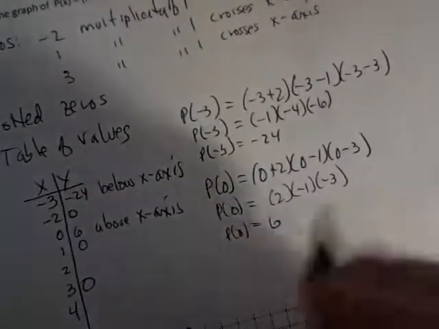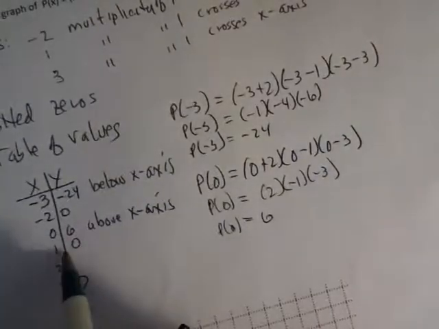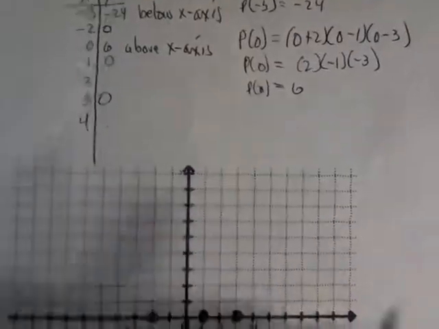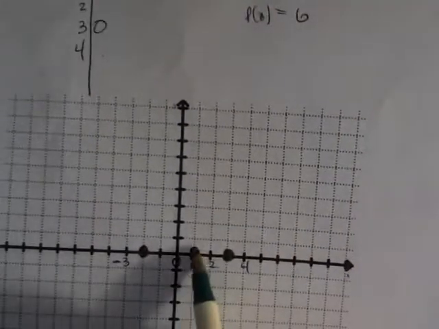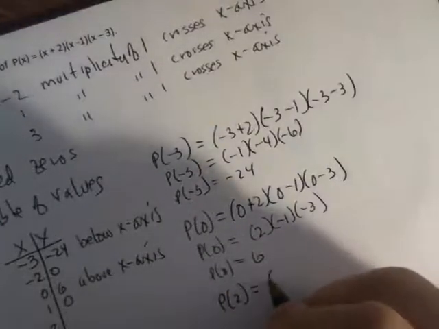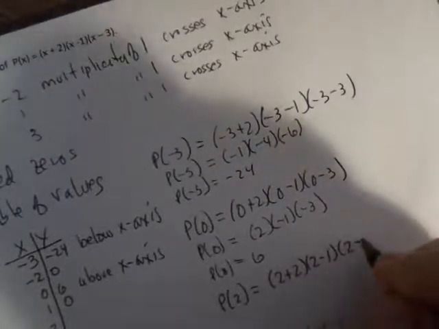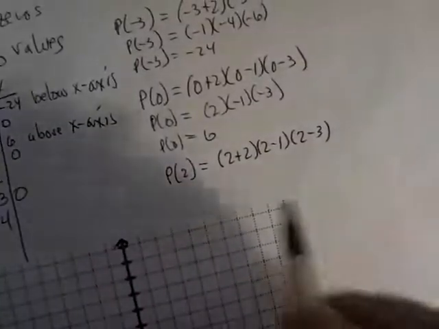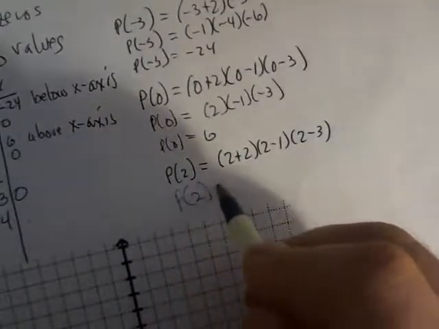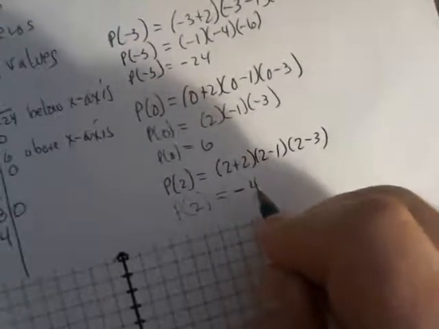All right, next thing. We know at 1 it is 0, so now we've got to find out when x is 2, and it should be below the x-axis based upon the fact that it's crossing here. So when x is 2, y should be negative. So I've got 2 plus 2 times 2 minus 1 times 2 minus 3. And I'm just going to go ahead and start speeding up here. This is 4 times 1 times -1, which is -4.